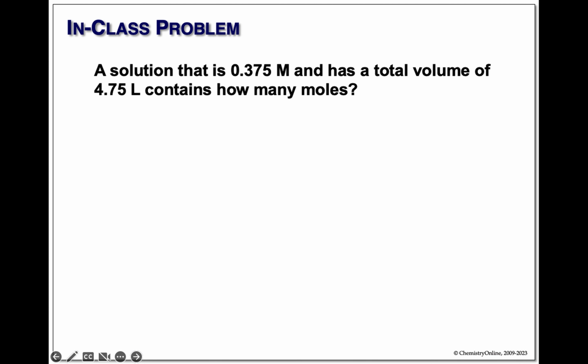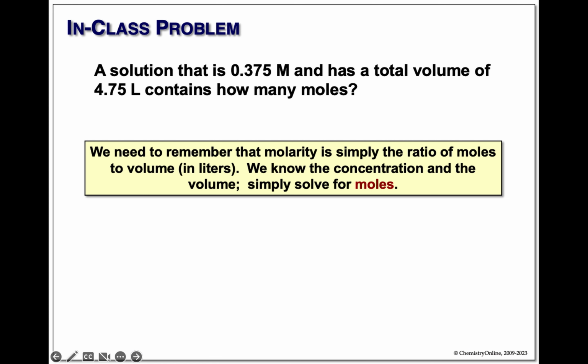Another extra credit. We have a solution of 0.375, and a total volume of this. How many moles? Well, that's a simple one, isn't it? Don't you wish it would be that way? Again, we're going to simply solve for moles.